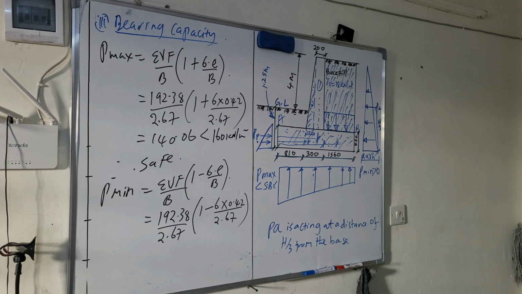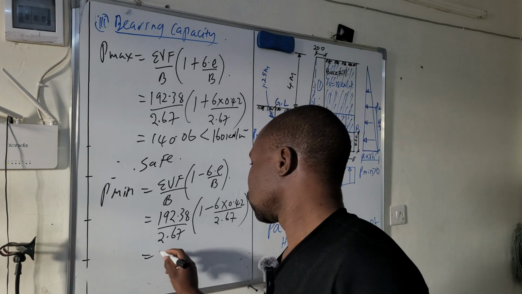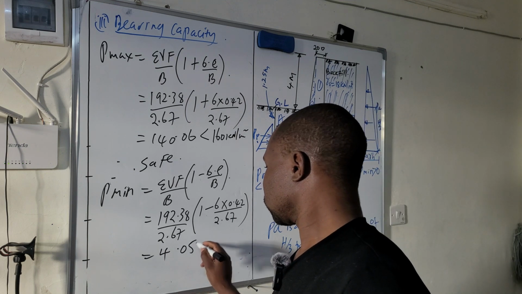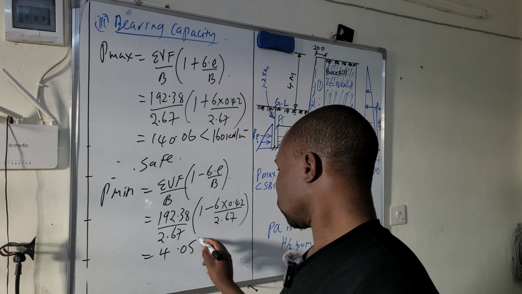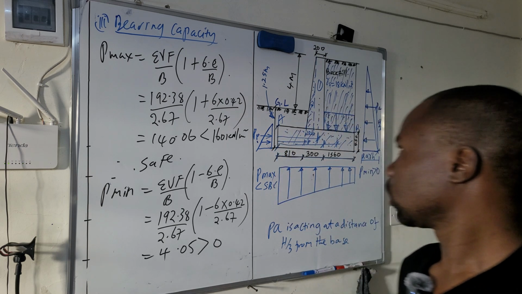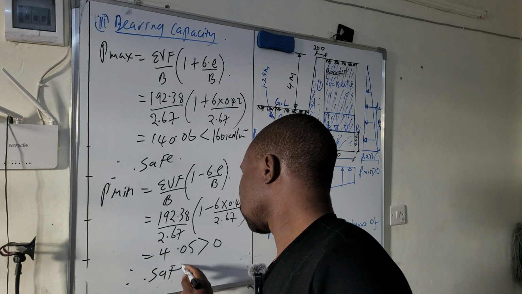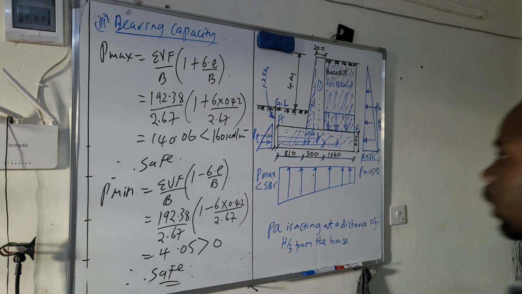So you will get 4.05, which is greater than 0. So therefore, safe. And our question ends there.